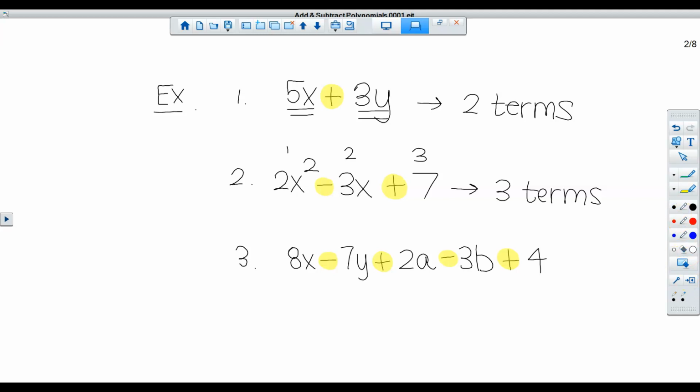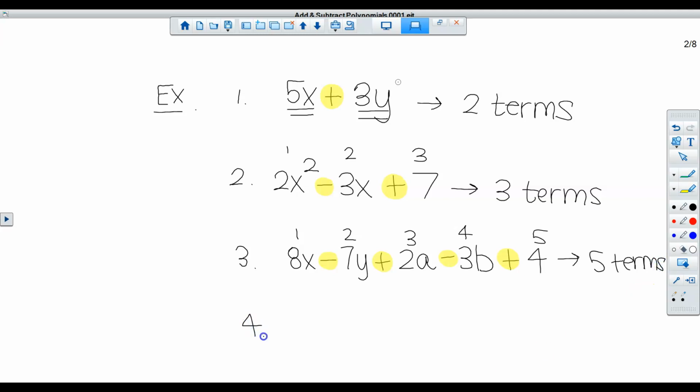So I've highlighted those. They connect 1, 2, 3, 4, 5 terms. 8x is the first term, negative 7y is the second term, positive 2a is the third term, negative 3b is the fourth term, and positive 4 is the last term. So this has 5 terms.